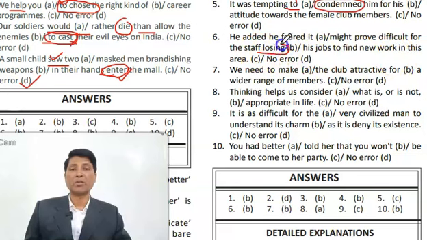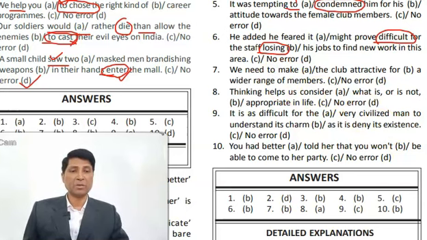This losing was wrong. Why is it wrong? This adjective difficult is followed by a full infinitive. So in place of losing, it should be to lose. So the sentence should be, he added, he feared it might prove difficult for the staff to lose his jobs to find new work in this area.